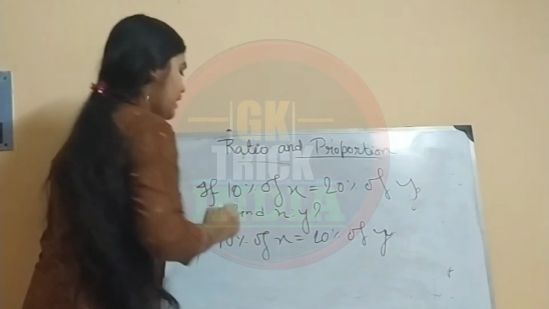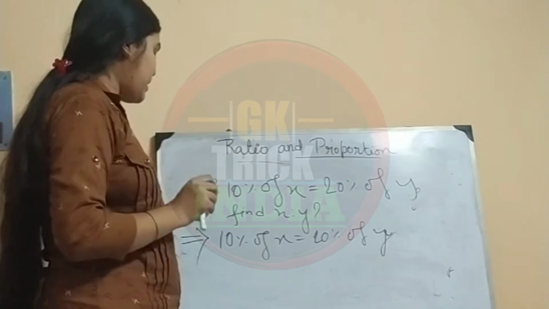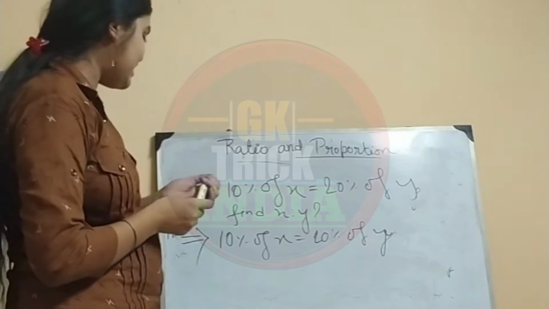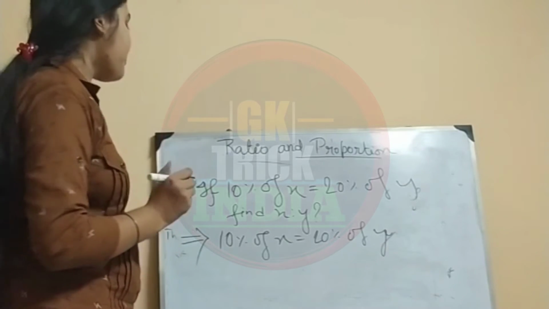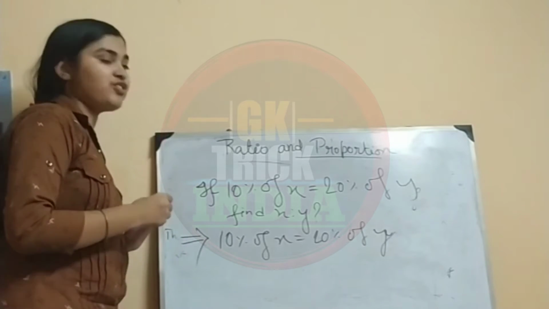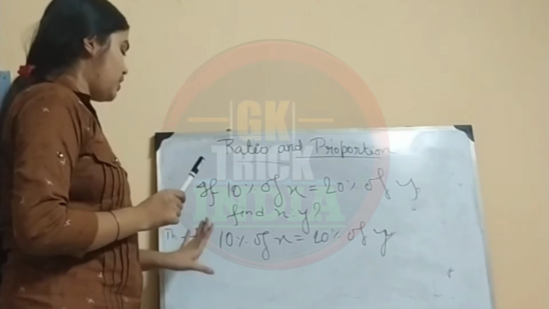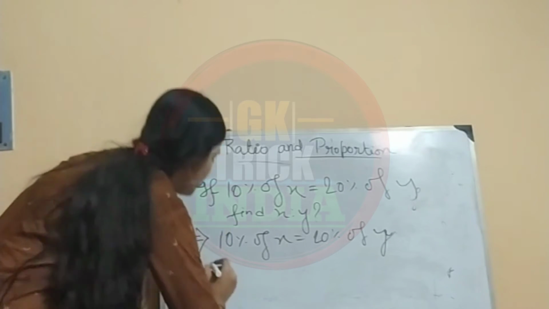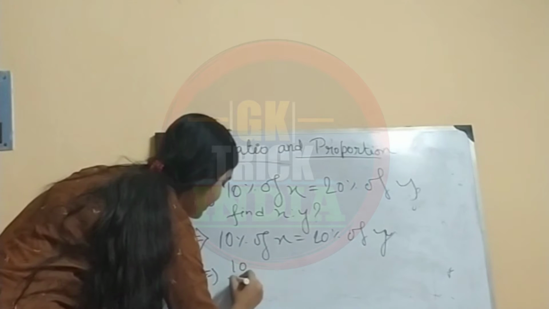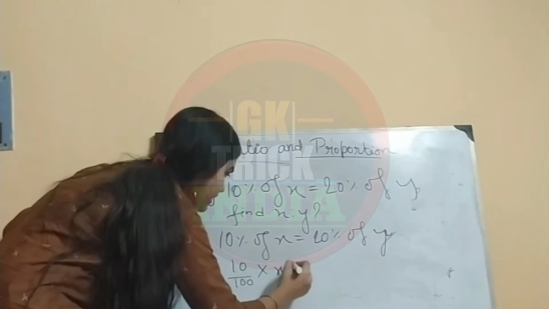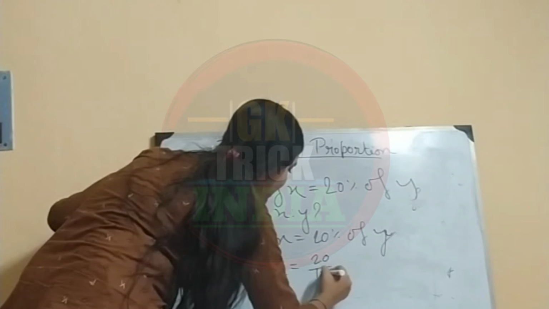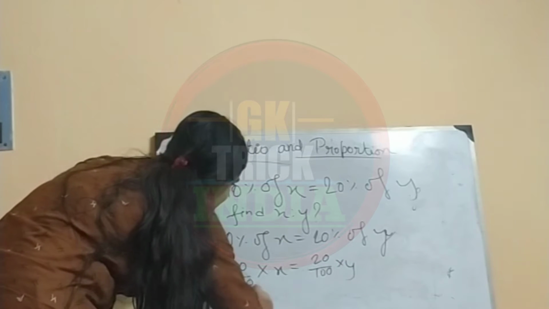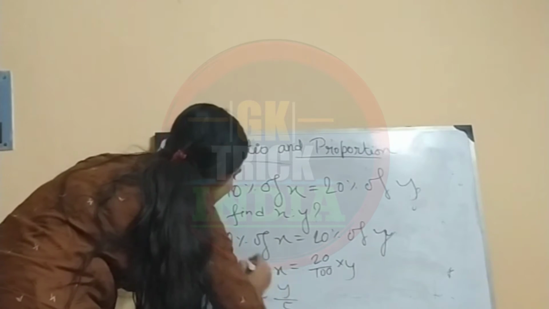This is given. Okay, in my percentage video I explained how to remove percentage. So I am again telling you that to remove percentage we have to divide the percentage number by 100. So just divide 10 by 100 of, meaning into x, equals 20 by 100 into y. That means x by 10 equals y by 5 by cancellation.